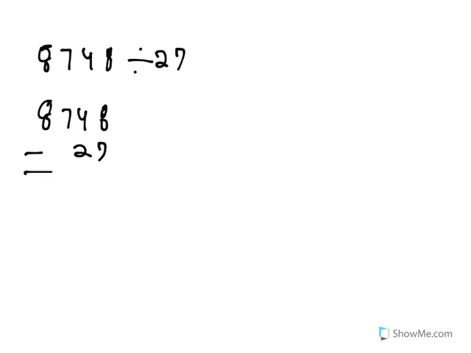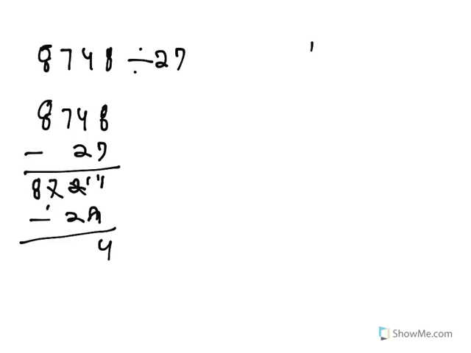To do 8748 divided by 27, a very, very lengthy way of answering this question would be to just subtract 27, count 1, subtract 27 again, count 2, and keep doing that until eventually I get down to 0, or I can't subtract any more 27s.